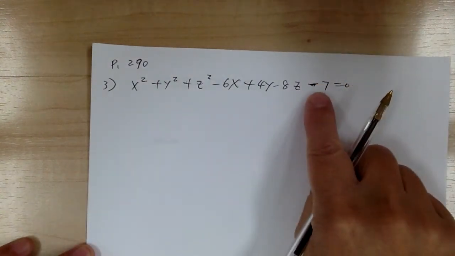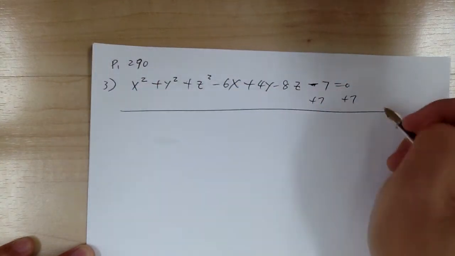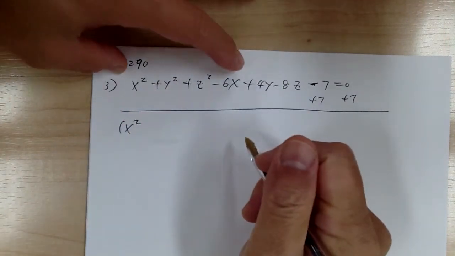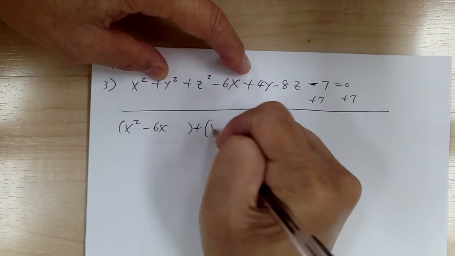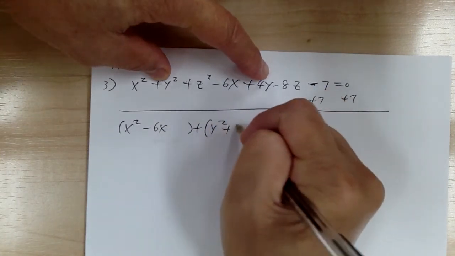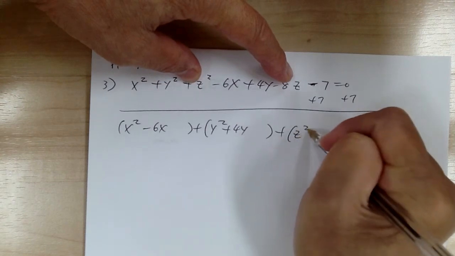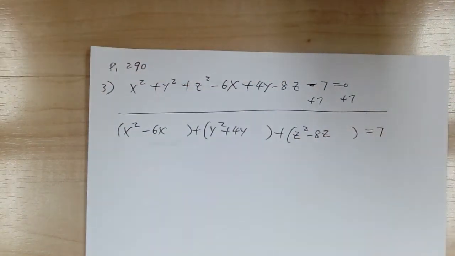First you have to get this number over there, so plus 7 on both sides, and gather your variables. So you have x squared minus 6x, and the y squared plus 4y, and the z squared minus 8z equal to 7.